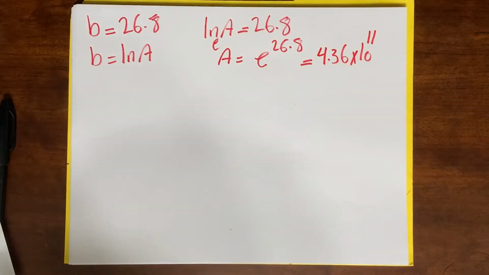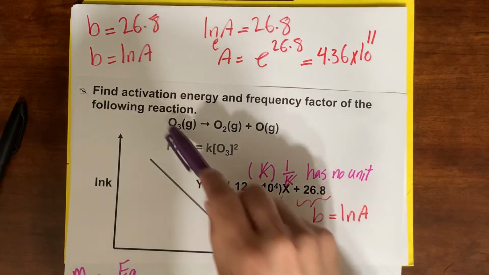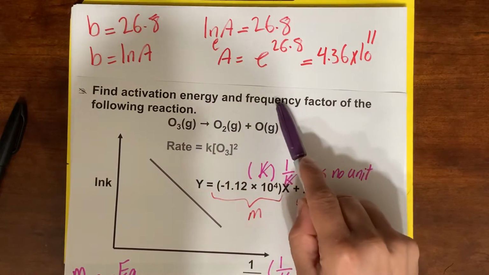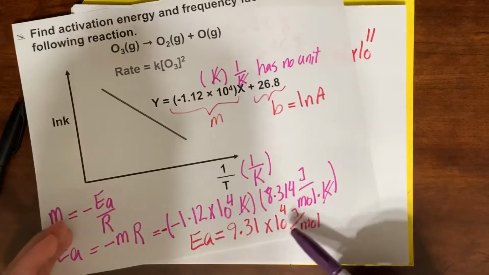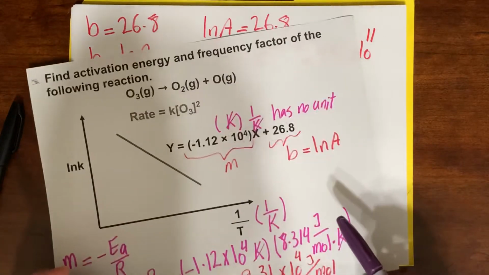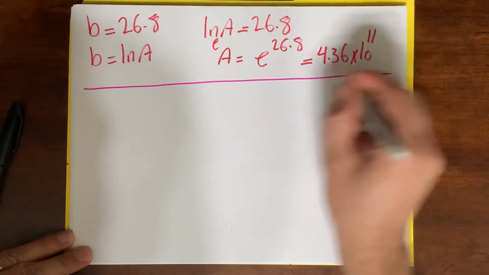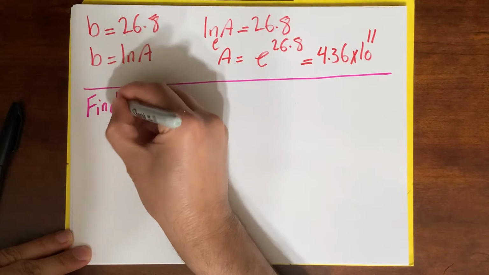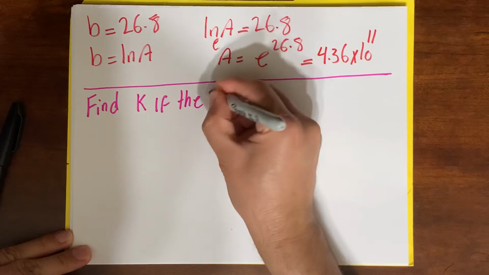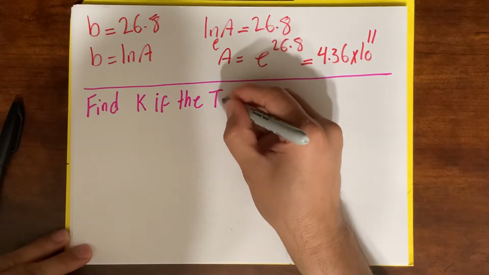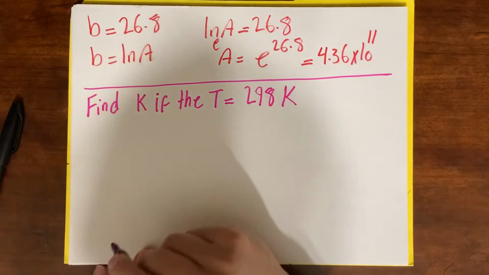Okay. So the last thing that I'm going to add to this equation: they asked me to find the activation energy and find the frequency factor. I got both of them. I got the A and I got the activation energy. Last thing I'm going to add to the question: find k if the temperature is equal to 298 Kelvin.